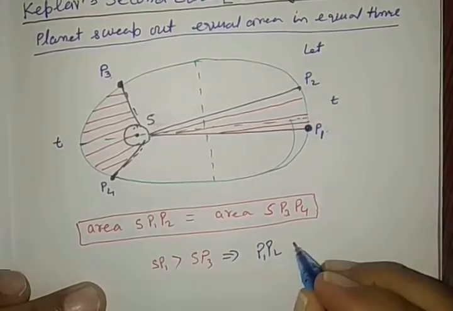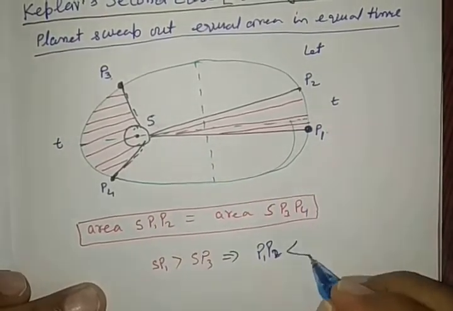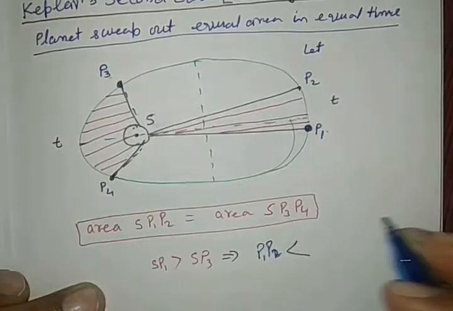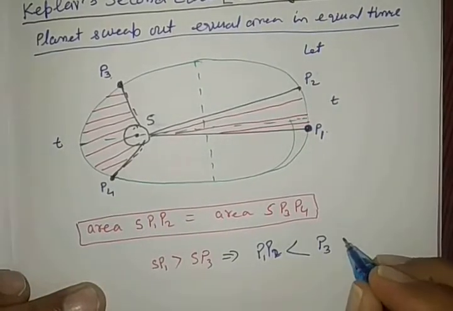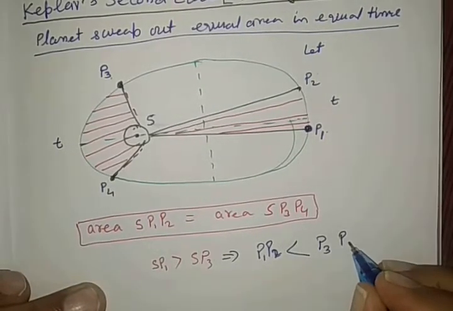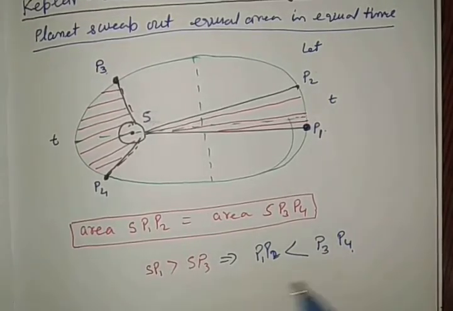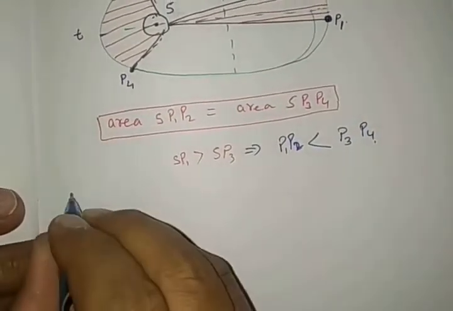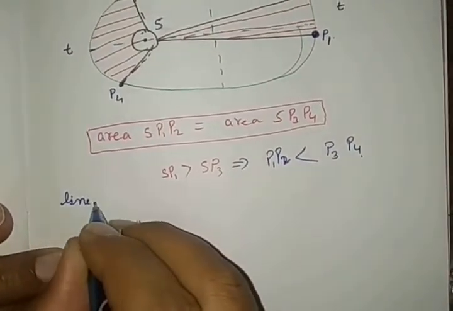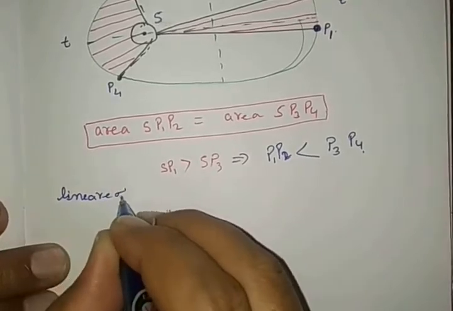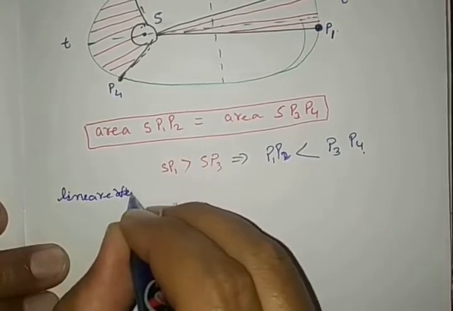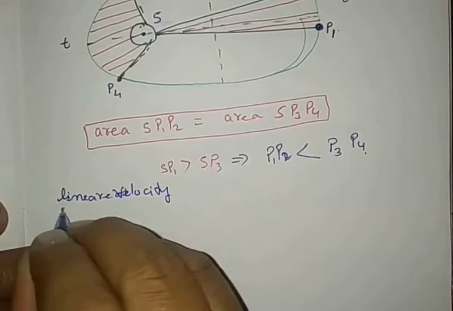This distance is less than the distance P3 P4. So to understand this very carefully, we'll talk about the linear velocity of a planet.